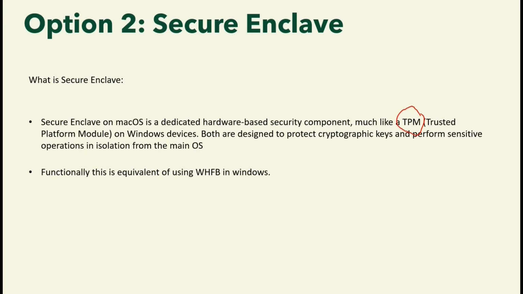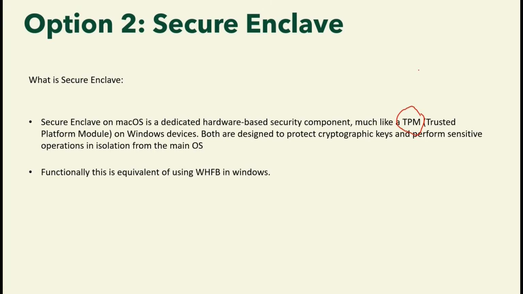If you look at the definition, secure enclave on macOS is a dedicated hardware-based security component, much like a TPM, and it is designed to protect cryptographic keys and perform sensitive operations. What keys are we talking about? We will come to that later on.